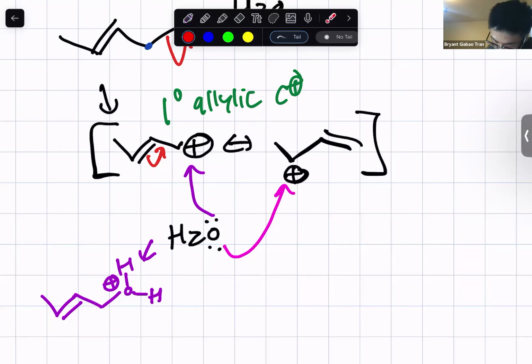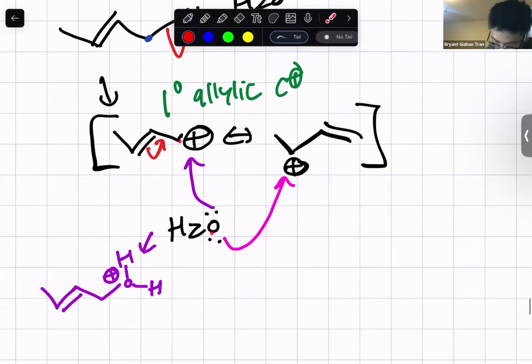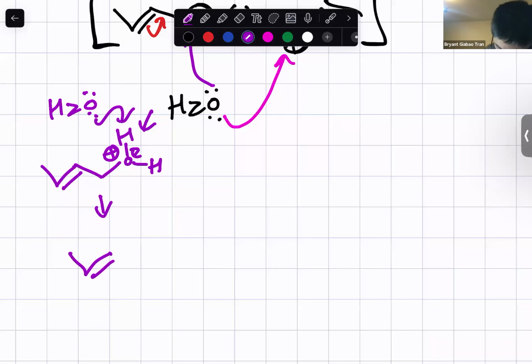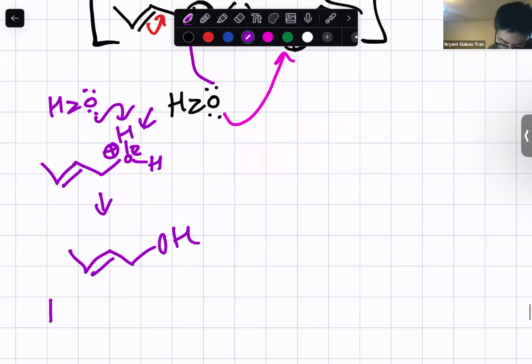When this oxygen of the water attacks that carbon, we get this intermediate where we could use another water to deprotonate it, make it neutral, alcohol like that. This is our thermodynamic product.